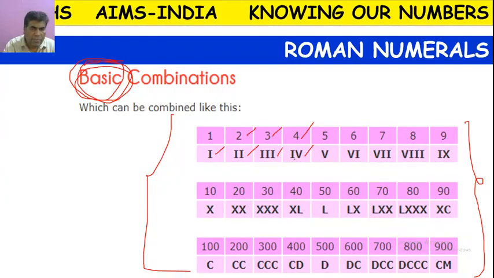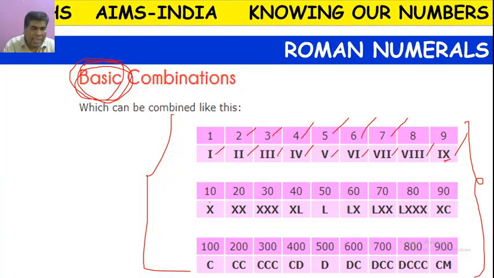For 5, they represent with V. 6 is VI, 7 is VII, 8 is VIII, 9 means from the X, I is to be subtracted.